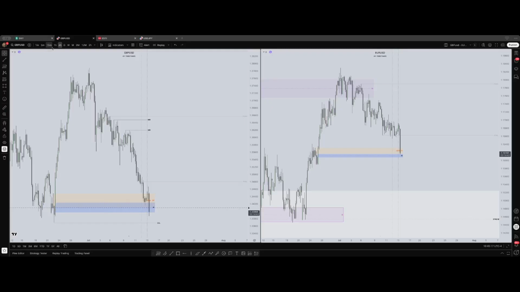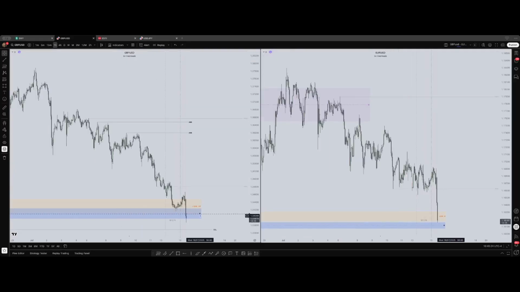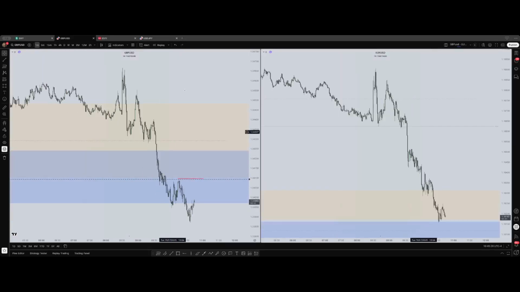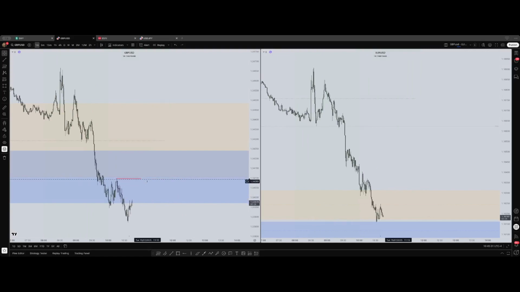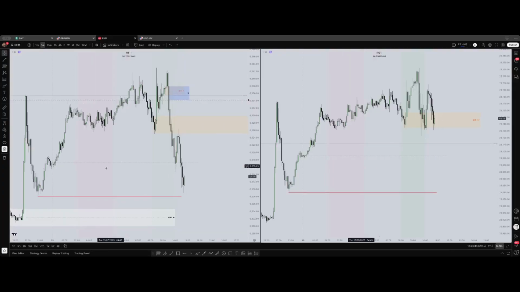Interesting. Seems price is respecting the hourly fair value gap. And let's see if price breaks this high. You can see we have an imbalance here, a fair value gap, which price seems to be reacting to.